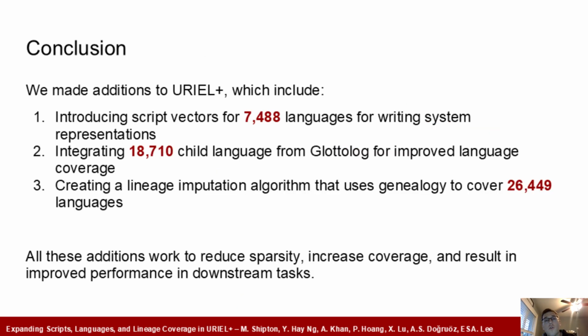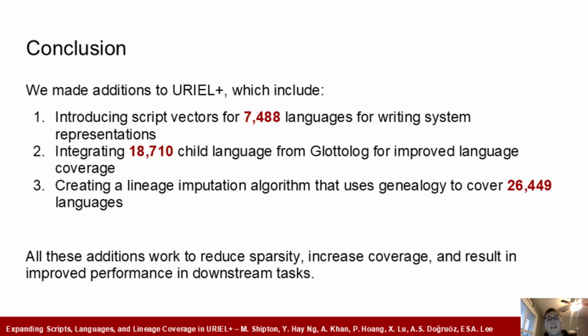To summarize, we introduced 3 key additions to URIEL Plus. First, we added script vectors using features from the ScriptSource online database for over 7,400 languages. Then, we added integration of over 18,000 languages from Glottolog, an online database of the world's languages.